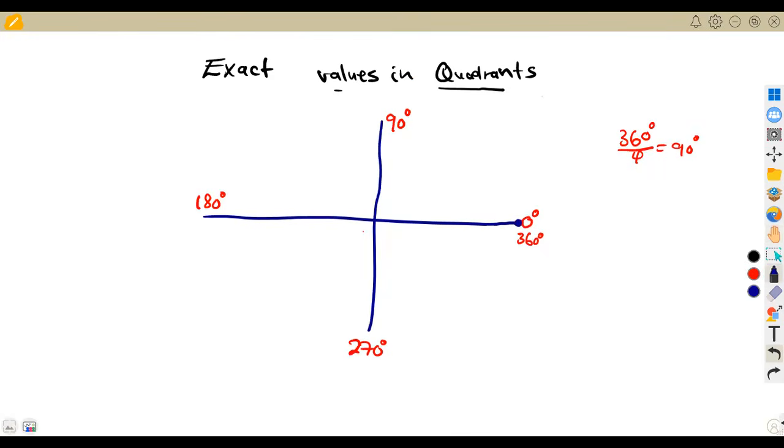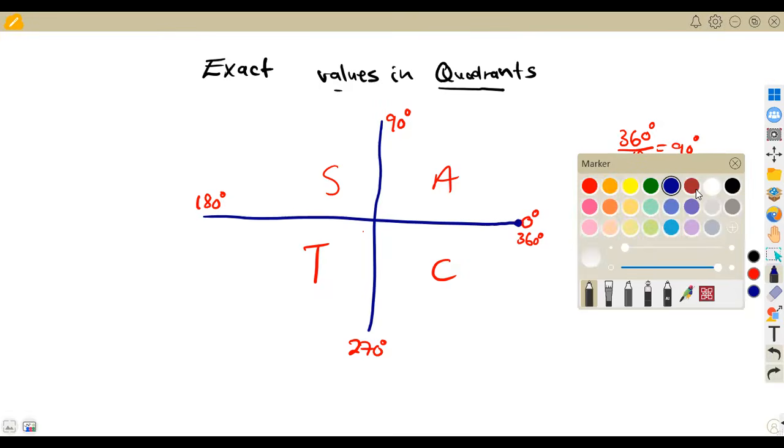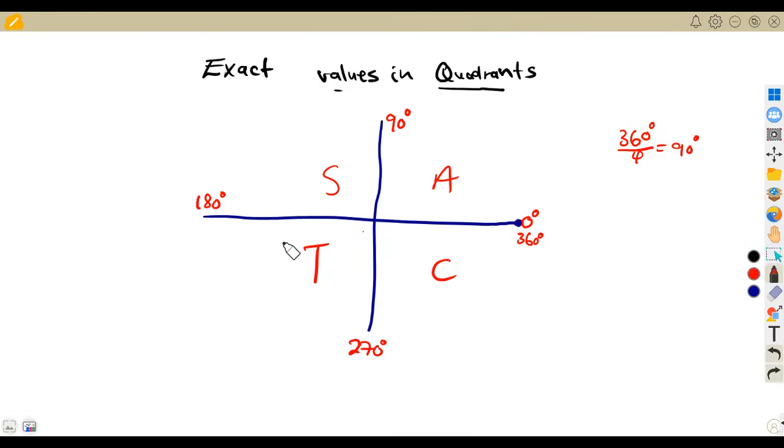It follows from the CAST concept, or you can use All Students Take Calculus, or whatever concept. I don't know which is best for you, or you can just use the CAST concept. This represents that every quadrant can be referred to as positive or negative in terms of the trig ratio operating in that quadrant.